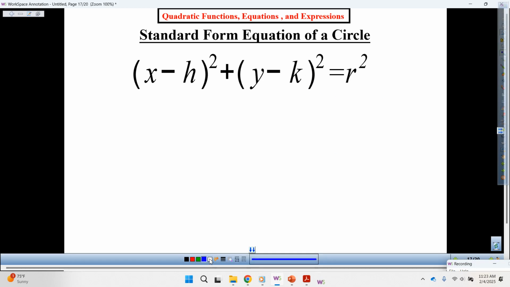Let's label stuff. In blue, point to the r and tell your neighbor what r stands for. R stands for what, everyone? Radius. That is correct. Next to it in red, write the word center and open a parenthesis.